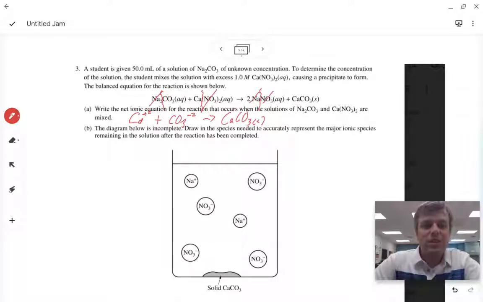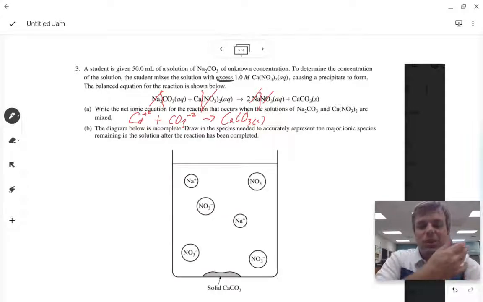Then it says the diagram below is incomplete. Draw the species needed to accurately represent the major ionic species remaining in the solution after the reaction is complete. So we have sodiums and nitrates. Those were our spectator ions that did not participate. But there is another thing, because this said we had excess 1 molar calcium nitrate.